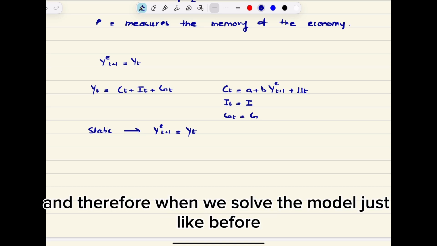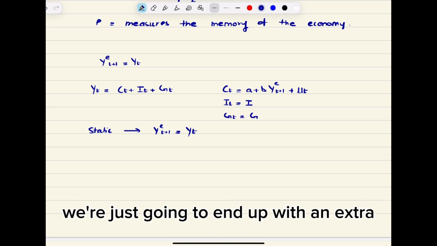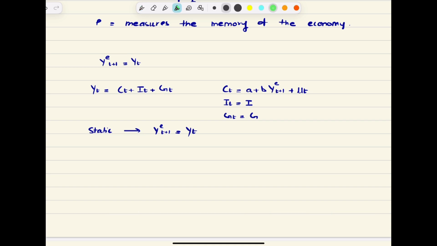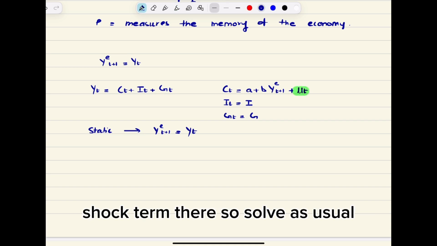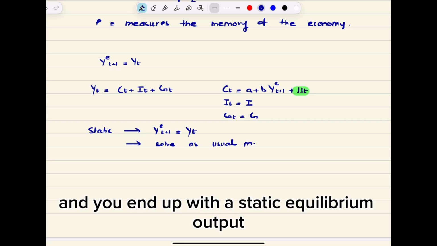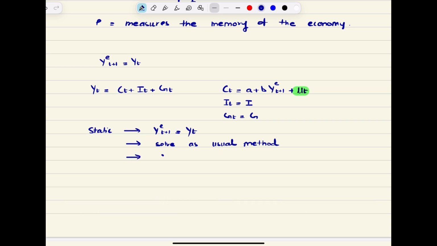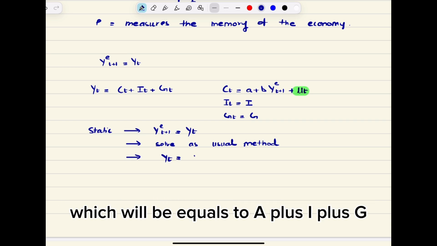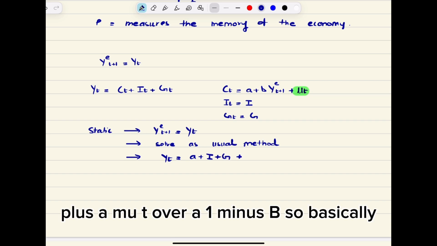And therefore, when we solve the model just like before, we're just going to end up with an extra shock term there. So solve by the usual method, and you end up with a static equilibrium output, which will be equal to a plus I plus g plus ut over 1 minus b.